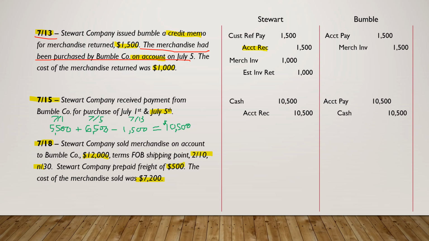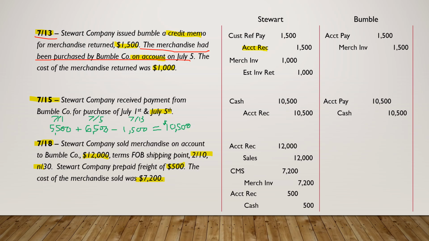Here we have a credit sale with an early payment discount. Stewart will debit AR and credit sales for $12,000. Remove the merchandise with a debit to CMS and a credit to merchandise inventory. For the prepaid freight, debit AR for the amount owed from Bumble and credit cash for the amount disbursed to the delivery company.